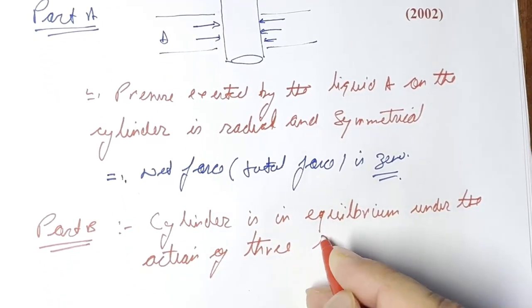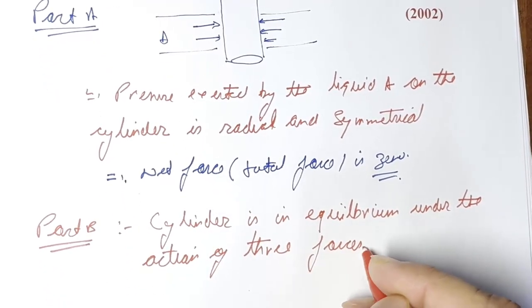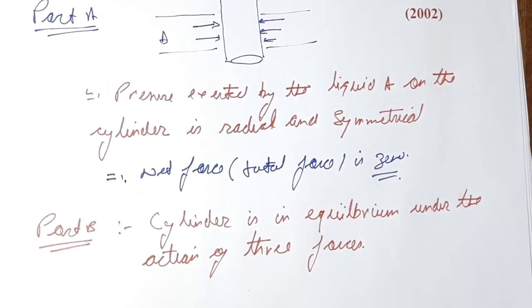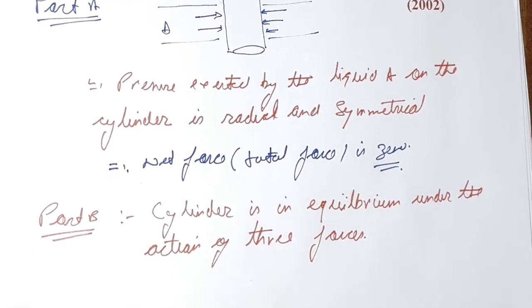The three forces will be: first, the weight of the cylinder; second, the buoyant force because of liquid A; and third, the buoyant force because of liquid B. Okay.